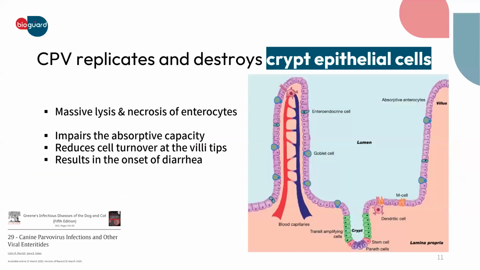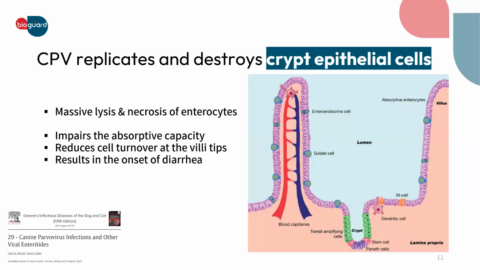As I said, in the small intestines, the virus is affecting the epithelial cells, or to be precise, the crypt epithelial cells, which are the newly formed cells that help to regain the villi, the hair-like structures in the small intestine.